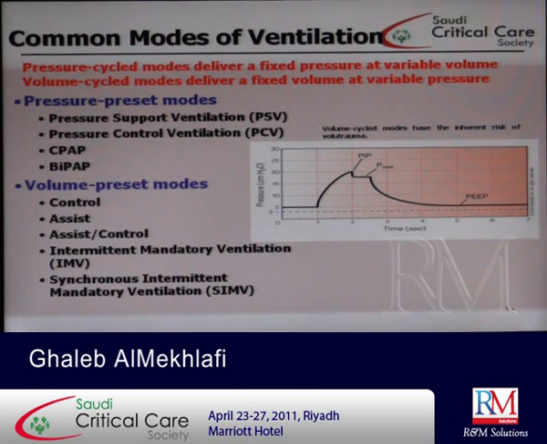Okay, so what is the mode actually? The mode is the type of interaction between the ventilator and the patient. And the major two modes that we are using, whatever the names are, the principles are two things: either using pressure or using volume, or a mixture of both, or modified pressure, modified volume, modified pressure and volume, starting with pressure, ending with volume, starting with volume, ending with pressure, but the principle is the same.